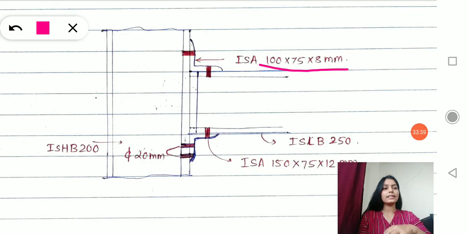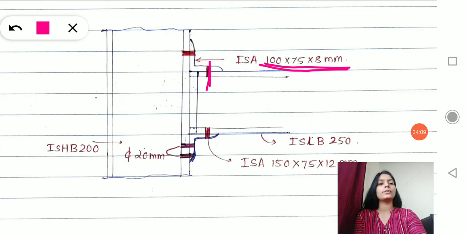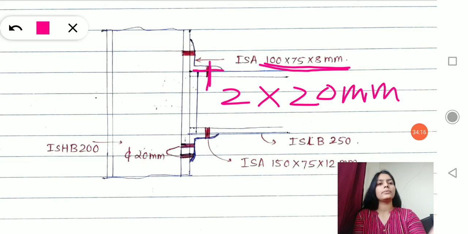That's why I said provide a nominal angle of ISA 100 by 75 by 8 mm, and it is bolted with 2 bolts of 20 mm dia at the bottom, on the bottom leg or outstanding leg, and to the connected leg I have provided again 2 bolts of 20 mm dia.